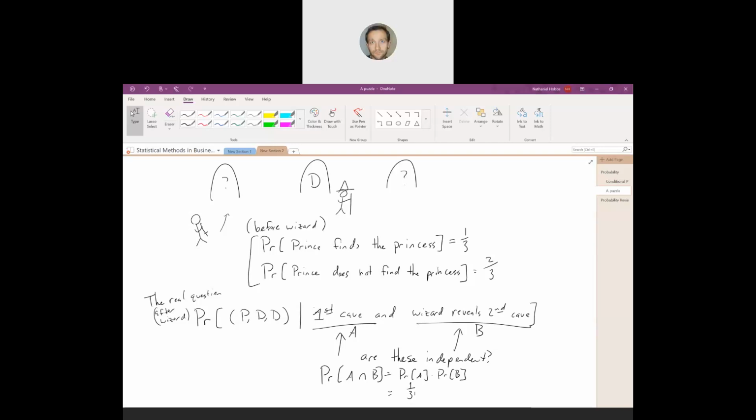Great. And what is the probability that the wizard reveals the second cave? So the wizard is showing that there's a dragon in the second cave. What's... 2/3, right? Why 2/3? I don't know.